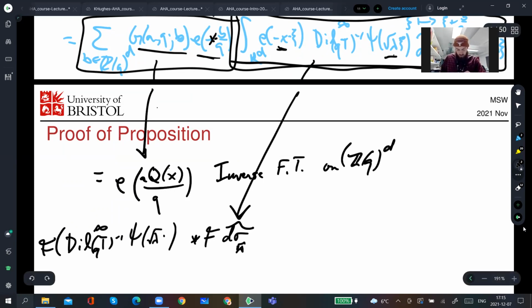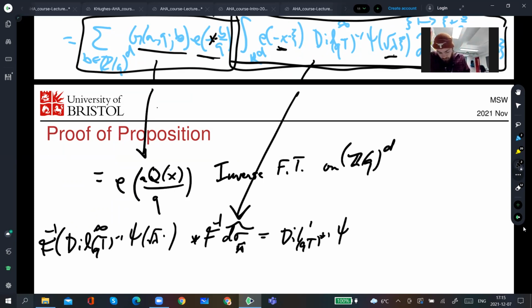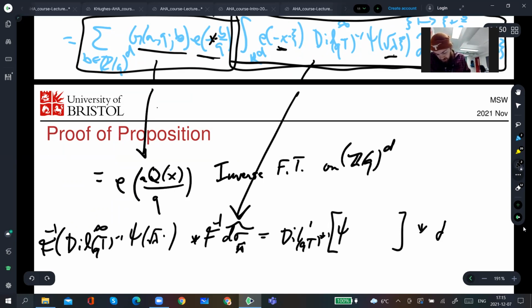Well, that's this Fourier transform, right? So it's the inverse Fourier transform on each of these, and that just is equal to, well, it'll be dilation of the one norm, and then qt to the inverse, which is just a plus 1, and that's a certain psi function, which I'm going to leave here for a moment, some space. I haven't quite treated this properly yet, but it's going to be convolved with just this spherical measure. Okay.